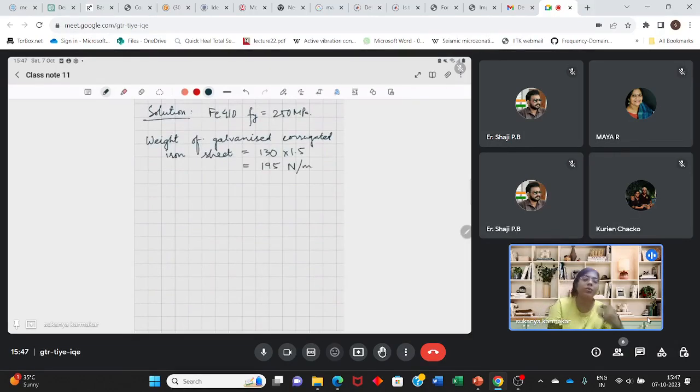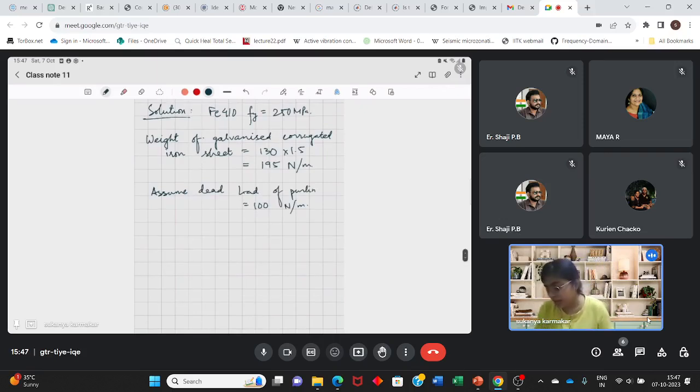And let's assume that the self weight of the purlin is some 100 Newton per meter. This I am assuming as the dead load of the purlin. So what is the total dead load? The total dead load acts vertically downward, because dead load acts in the direction of gravity.